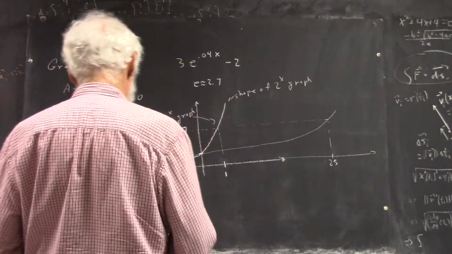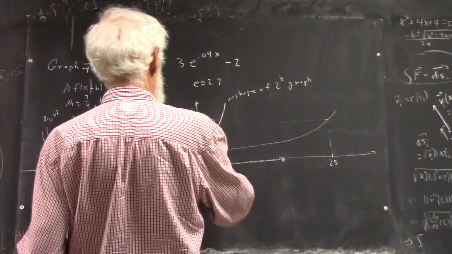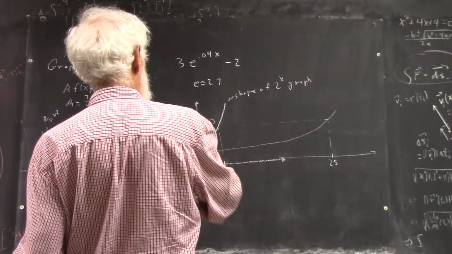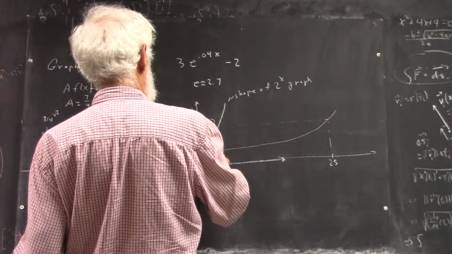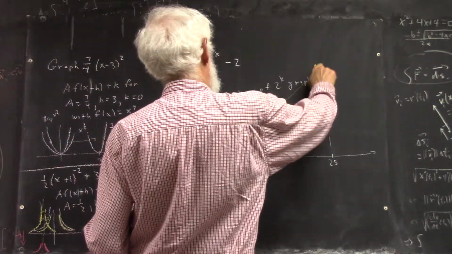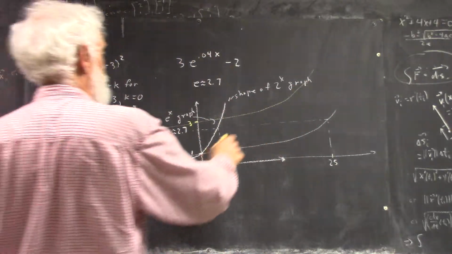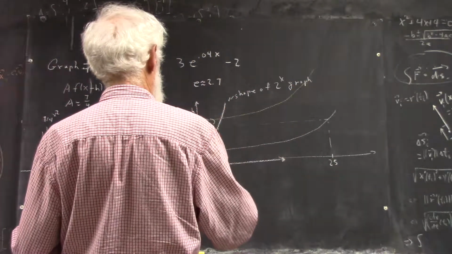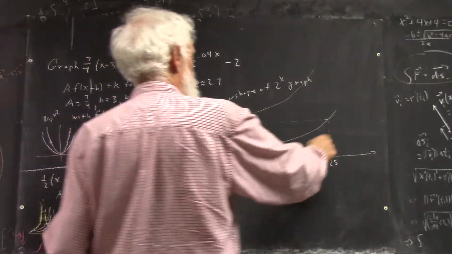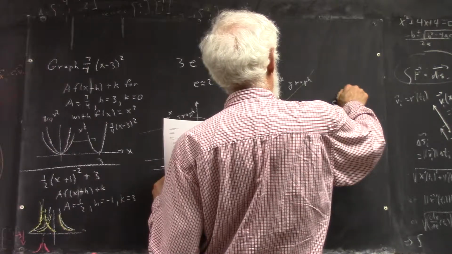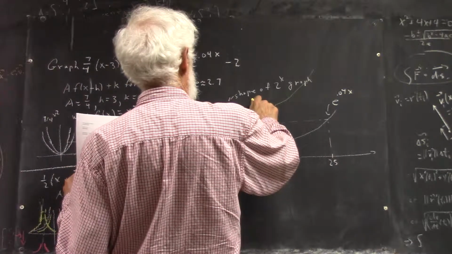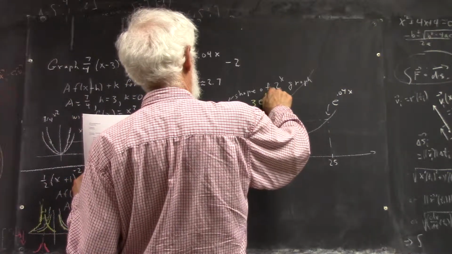Then, I'm not going to spend too much time on this because, okay, if I triple all these values, then my graph starts to look like this. So this is e to the 0.04x. This is 3e to the 0.04x.